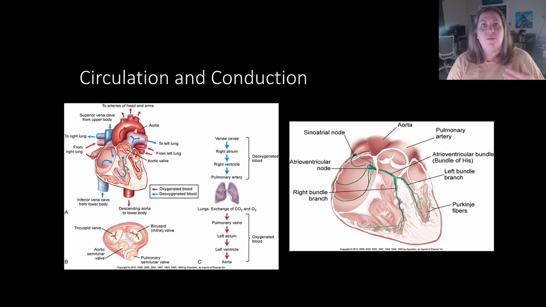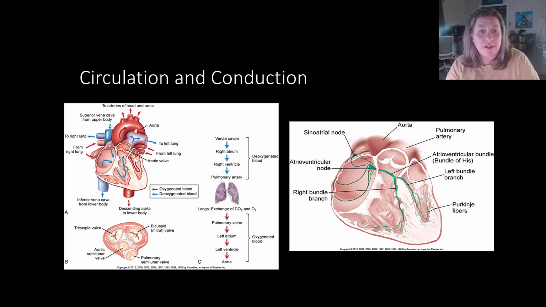These guys are going to prevent the backflow back into the heart after the blood has already left. All right, so again, pushing the blood in one direction. Okay, so that's what this picture is showing you, and it shows you the deoxygenated blood coming into the right side of the heart, and then it also shows you the oxygenated blood going back into the heart from the lung.